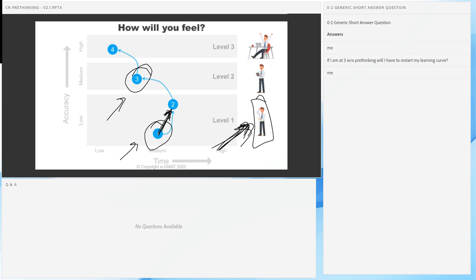As you can see, as you go from 2 to 3, your time to answer questions is lower than what you started with. Point 3 is towards the left-hand side of point 1. And that's what I call reaching the hysteresis with regards to critical reasoning. And once you reach point number 3, you will not move back.